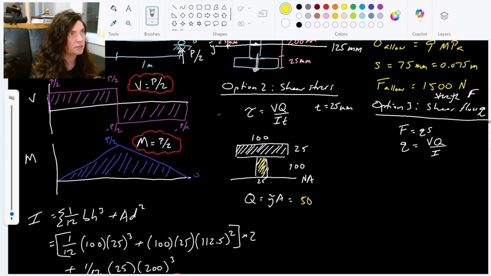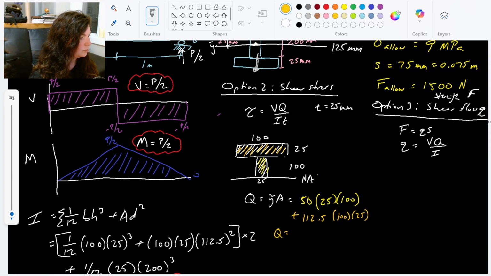The centroid for our bottom rectangle is 50, right? Half of 100 is 50, times the area, which is 25 times 100, plus the top has a centroid of, we found that earlier, 112.5, times the top area, 100 times 25.